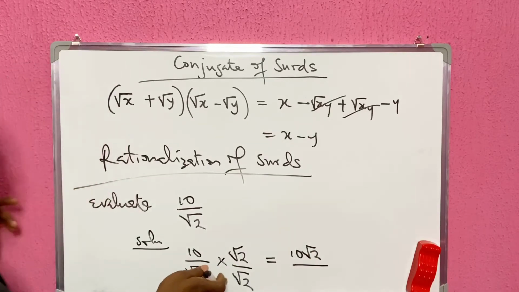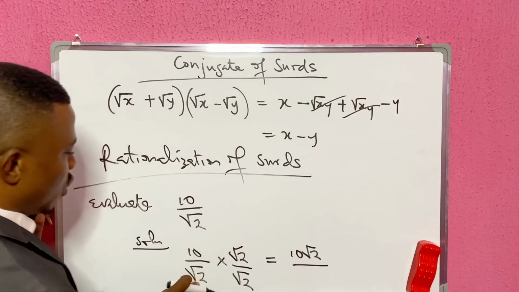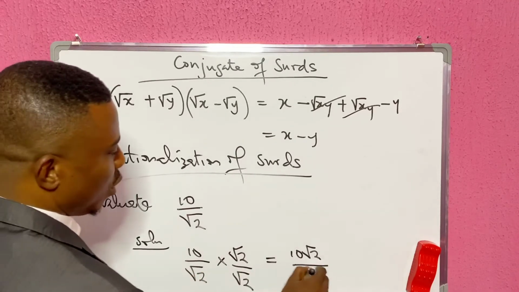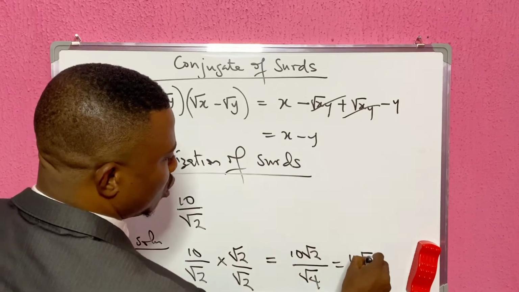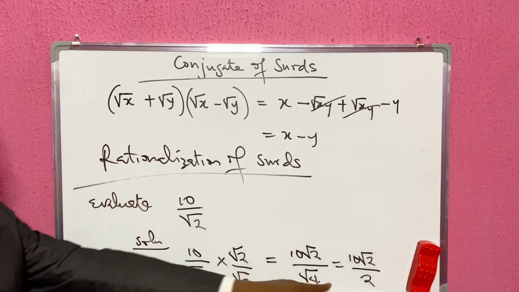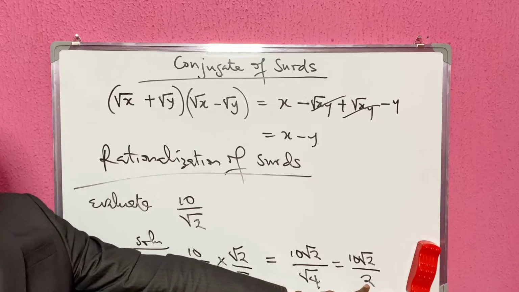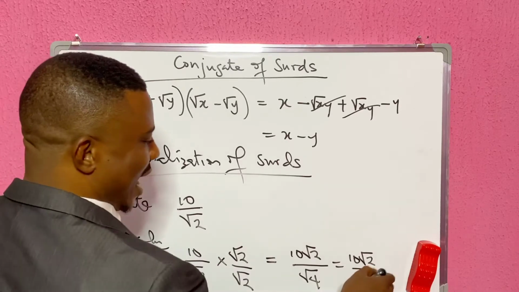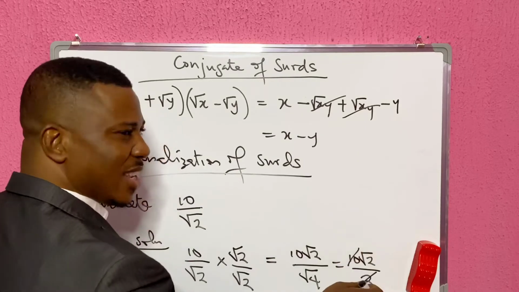Remember what we did when we were multiplying fractions. And root 2 times root 2 will give you root 4, which is 10 root 2 all over root 4. What is root 4? Root 4 is 2. As you can see, you have succeeded in turning the denominator to a rational number. But finally, you can cancel here. You cannot cancel 2 in the surd with the 2 that's not in the surd.